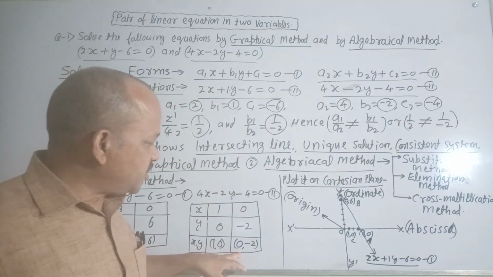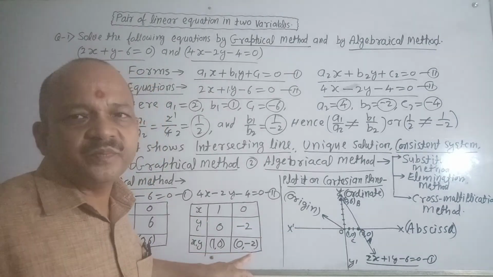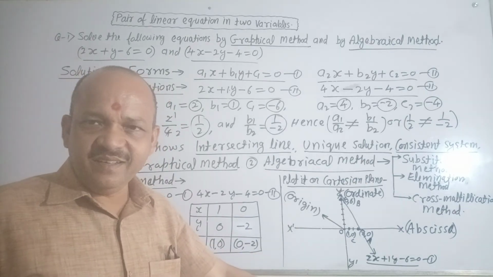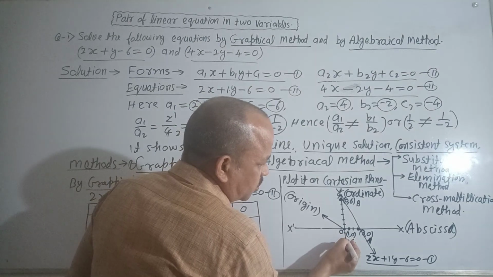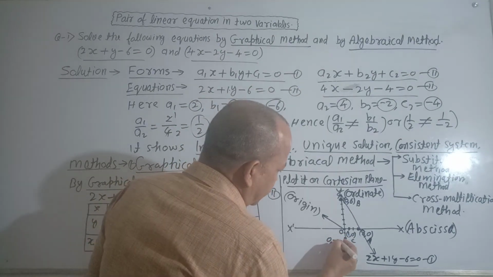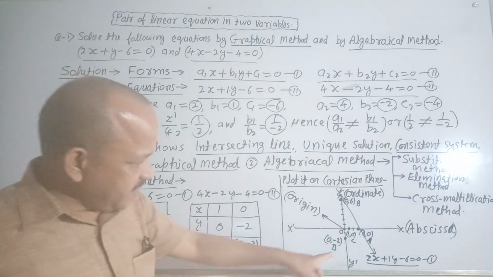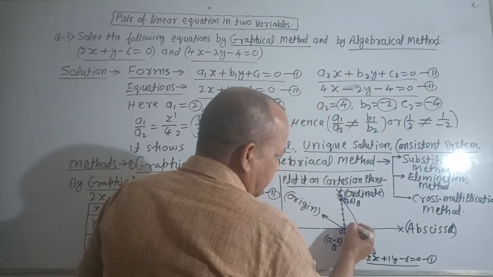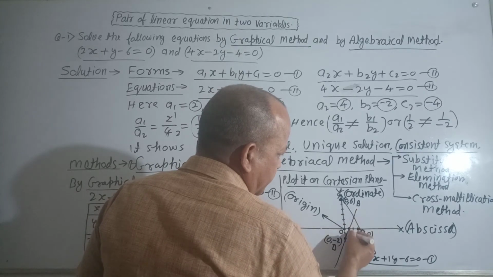Now plot (0, -2). 0 at the origin, minus 2 at the ordinate in the negative direction. Clear? Negative direction. 1, 2. Here is your point (0, -2). Point D. Now join C to D and produce it.